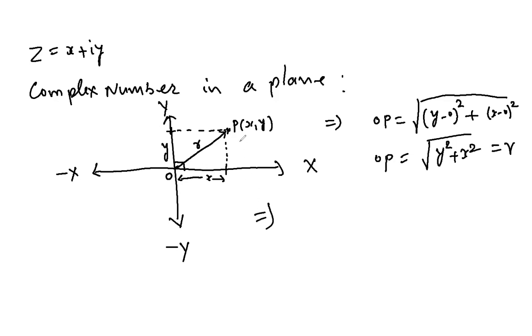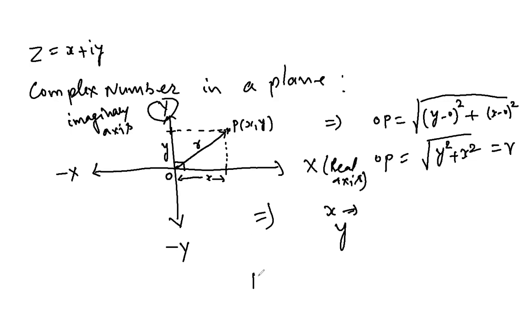Now in this plane, this point P represents the complex number if x is the real part and y is the imaginary part. So you can say that the y-axis is the imaginary axis and this is the real axis.